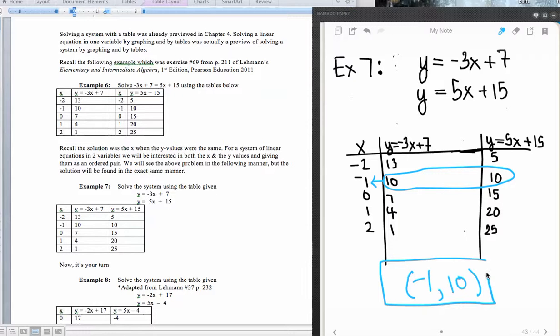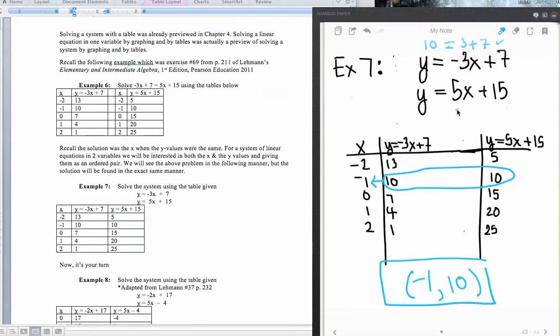And that's the solution that solves both equations at the same time. And you'll notice it makes a true statement for here and it makes a true statement for here, which is what makes a solution to a system check out. So again, we would put in here, and this would be +3 and plus 7, and we get that this is 10 over on this side, and 10 equals 10, so it's a check.